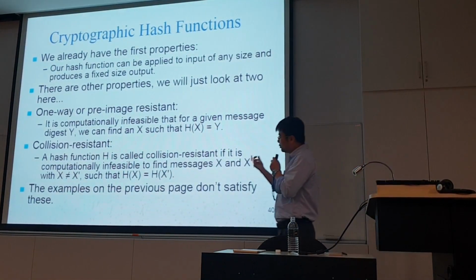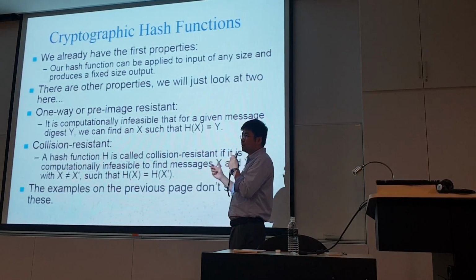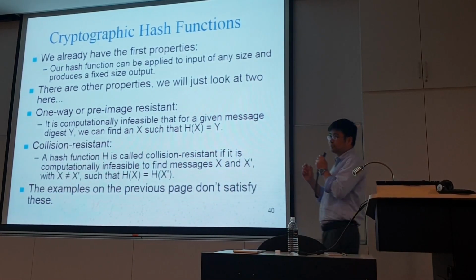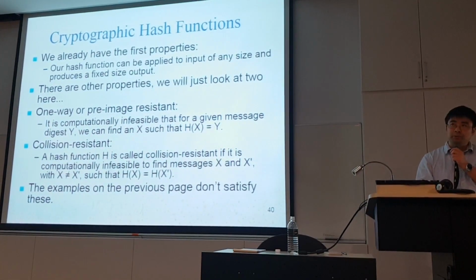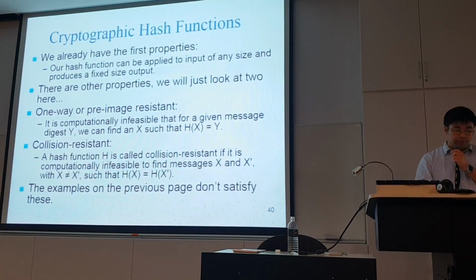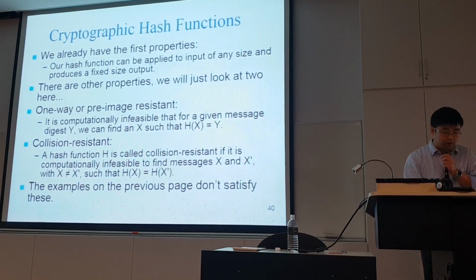But we want to make sure it's very difficult to find a collision, although they exist. So that's the collision resistance. It's computationally infeasible, not impossible, to find two different messages which produce the same hash output.